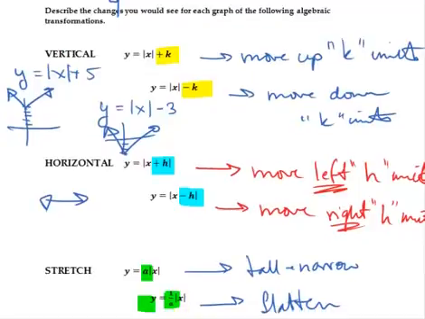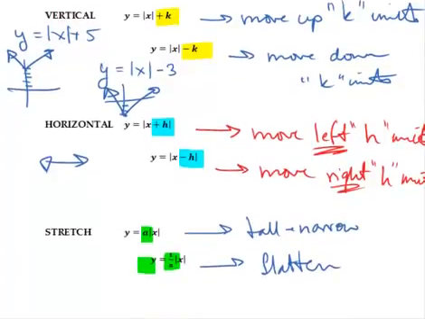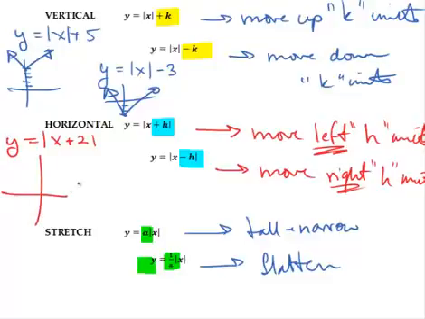Let's look at the same thing for horizontal. So for horizontal, remember these ones are weird. They're not what you expect. y equals absolute value of x plus 2 means that I'm actually moving to the left 2 units. So moving 1, 2 over, and then I put in this guy here.